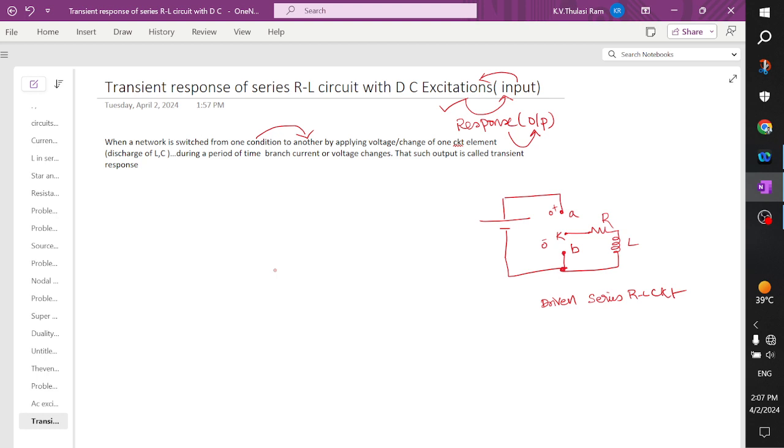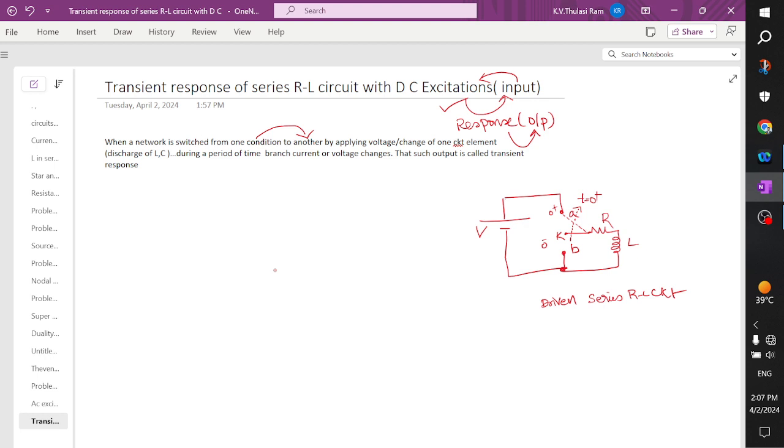Here we are applying a voltage of V volts, and the switch was at position K at 0 minus, and it has been shifted to point A at t equal to 0 plus. The voltage is applied to the RL network.